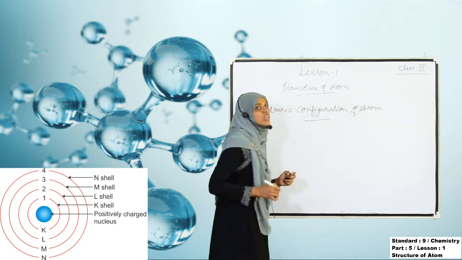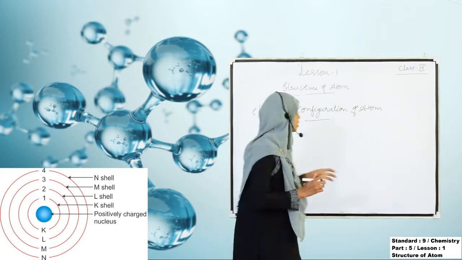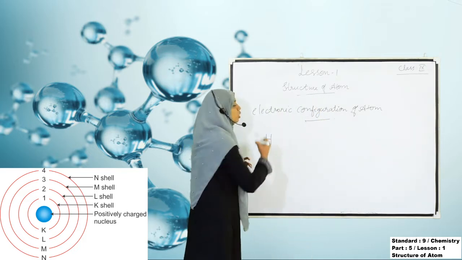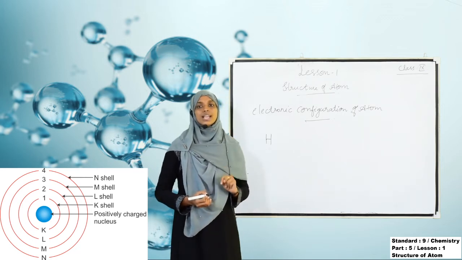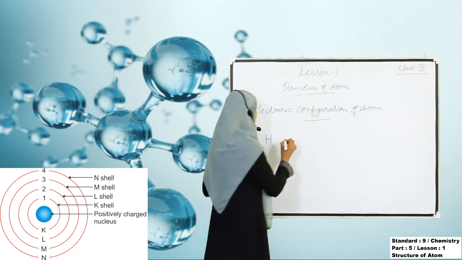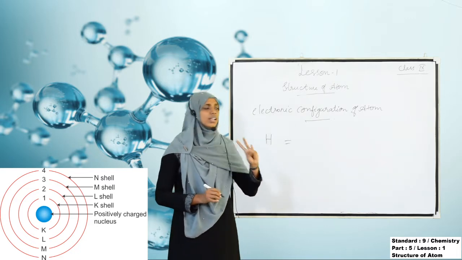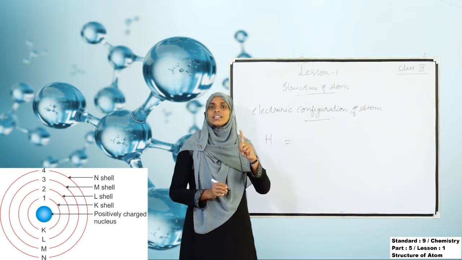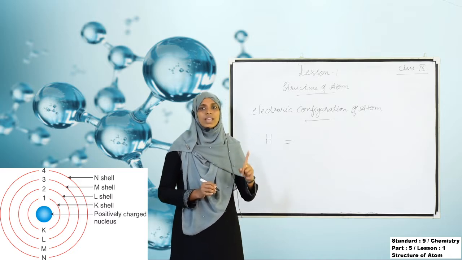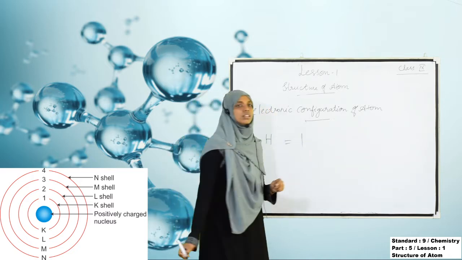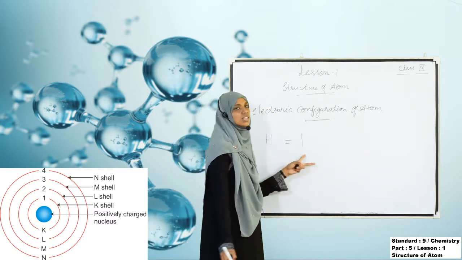First of all, we check hydrogen. The atomic number of hydrogen is 1, and how do we write the electronic configuration? There is only one electron, so we write 1. The electronic configuration of hydrogen is 1.